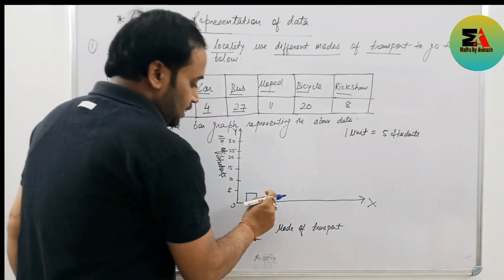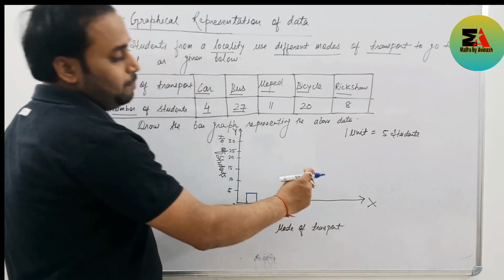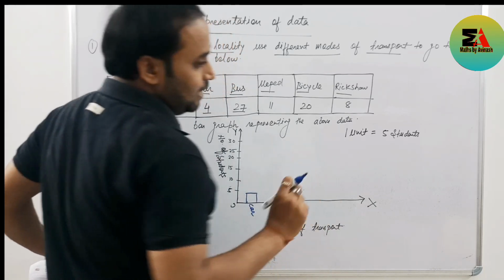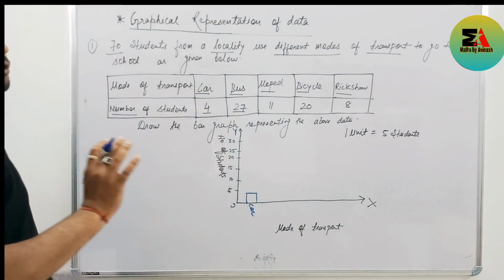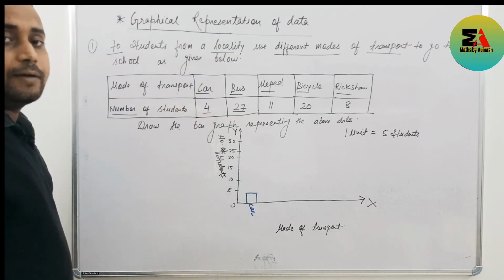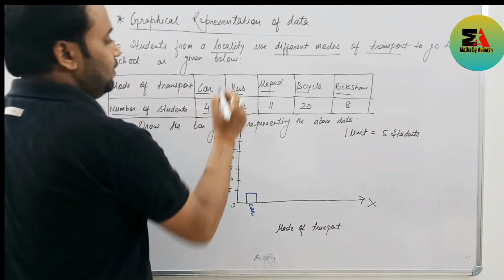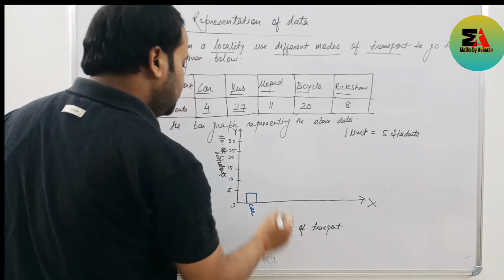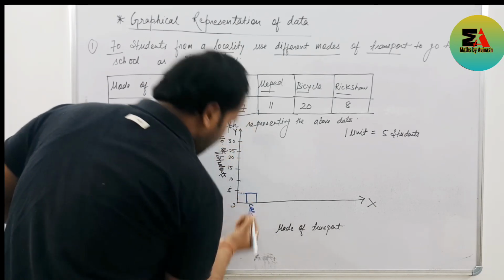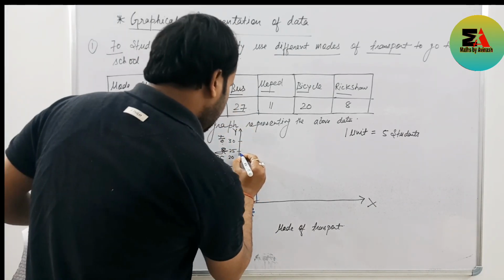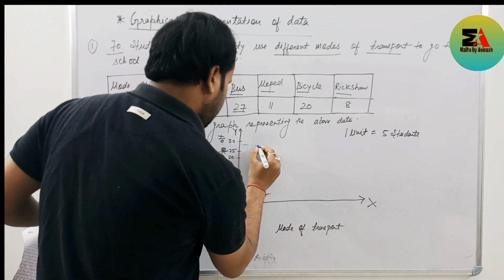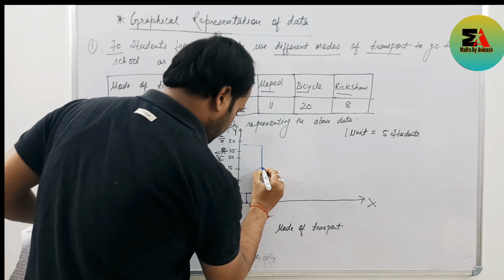We have to take the width of all bars the same, and the gap between the bars also the same. The difference between consecutive bars is the same. First we represent the car. The frequency of car is 4. Next, the frequency of bus is 27. 30 is here, 25 is here, and 27 is somewhere here. Clear? Plot it.